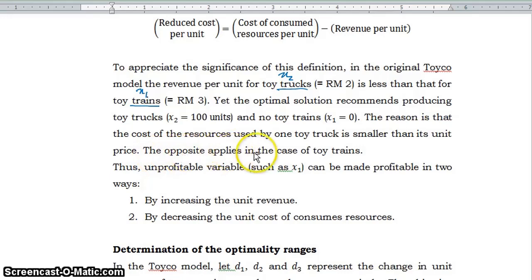The opposite applies in the case of toy trains. In this case, the revenue of a unit of toy train is 3 ringgit and the cost used to produce a unit of toy train is 7 ringgit. Thus, x1 as an unprofitable variable can be made profitable in two ways, either by increasing the unit revenue or by decreasing the unit cost of consumed resources.